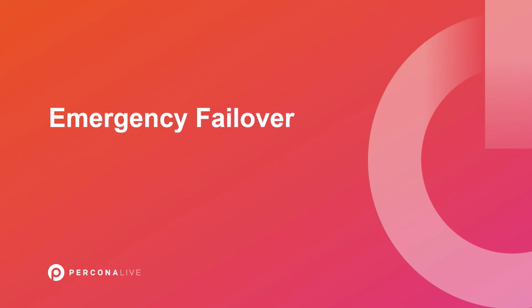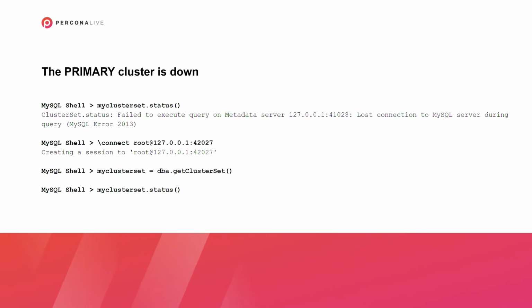The failover, as I mentioned, is a bit more tricky. But just to demonstrate, I just killed every node in the primary, which at the time was GR2. And when you ran a status command, you'd have this loss of connection. It's not available.